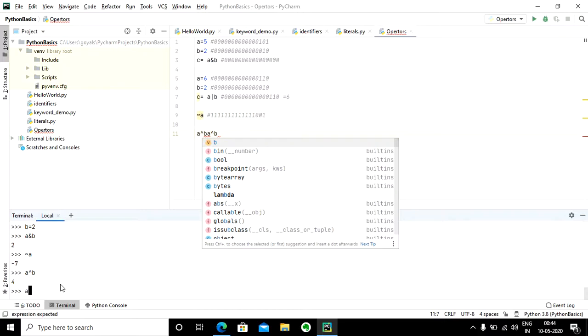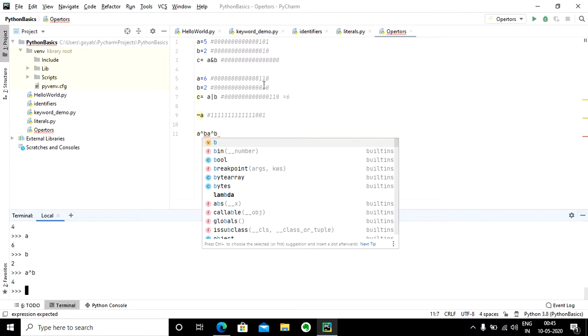Okay, I can check that. Let me print the value of A. A is 6 and B is 2, and if I perform A XOR B, here what is going to happen: this bit is going to be 0.